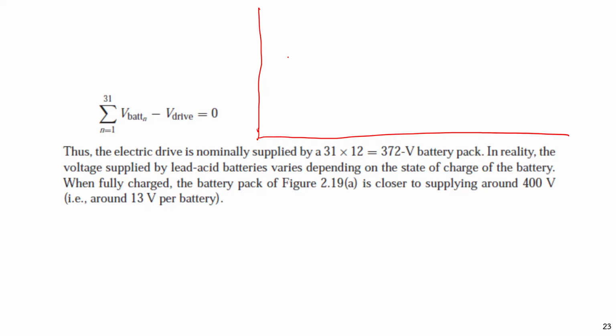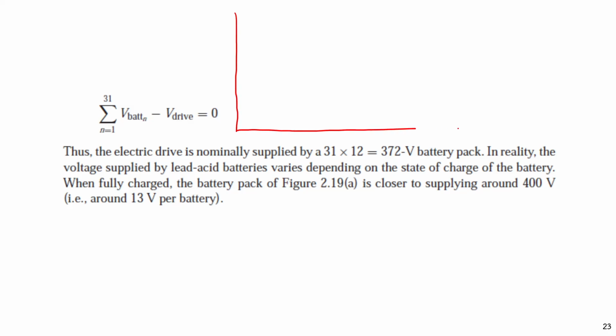So if we have a voltage source like this, this is the voltage source V. And V1, V2, V3, V4.